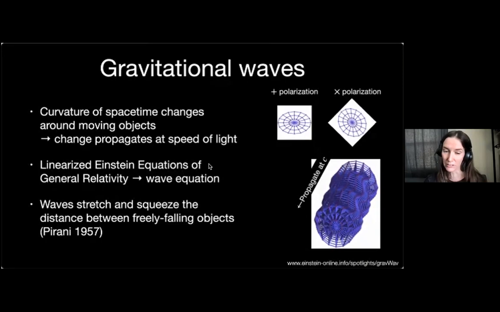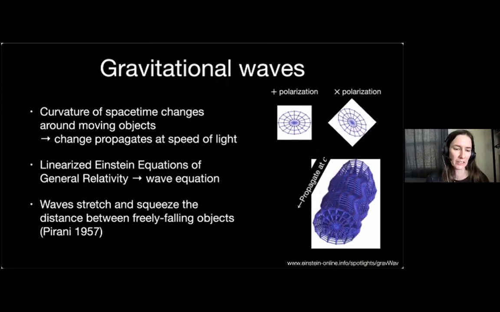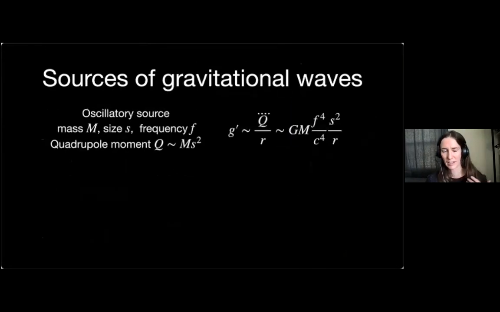This is a physical effect which was not really established until the middle of the 1900s: that the distance between freely falling objects had a physical impact, and that these waves could carry energy. That's what gives us their astrophysical influence today.